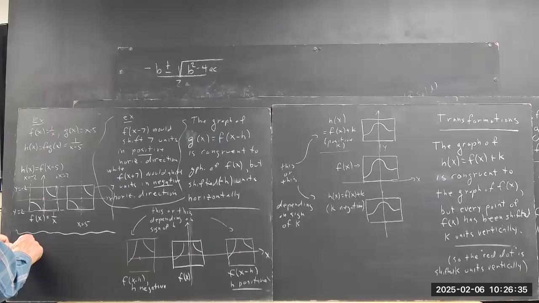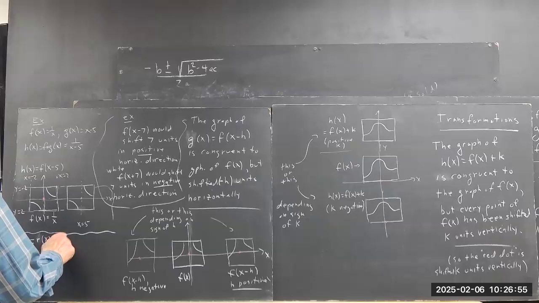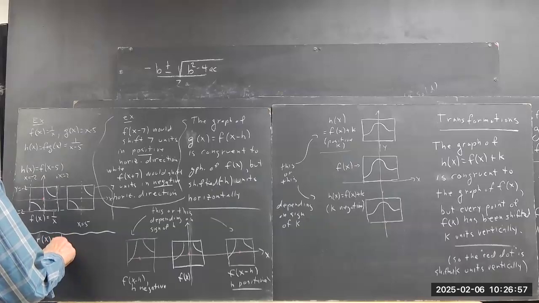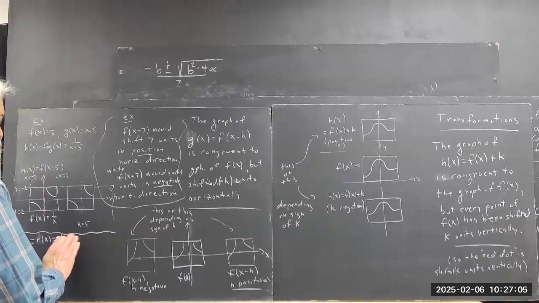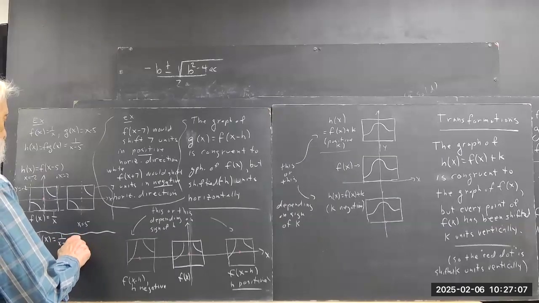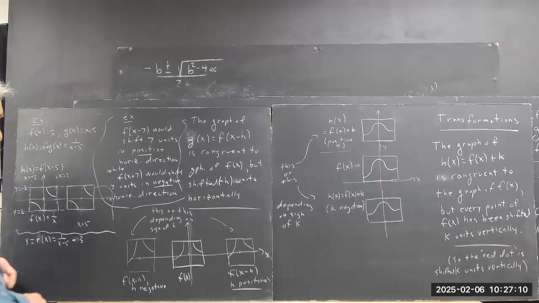What about y equals, call it r of x, just pick a letter that doesn't stand for anything else important here. r of x equals 1 over x minus 5, minus 3.